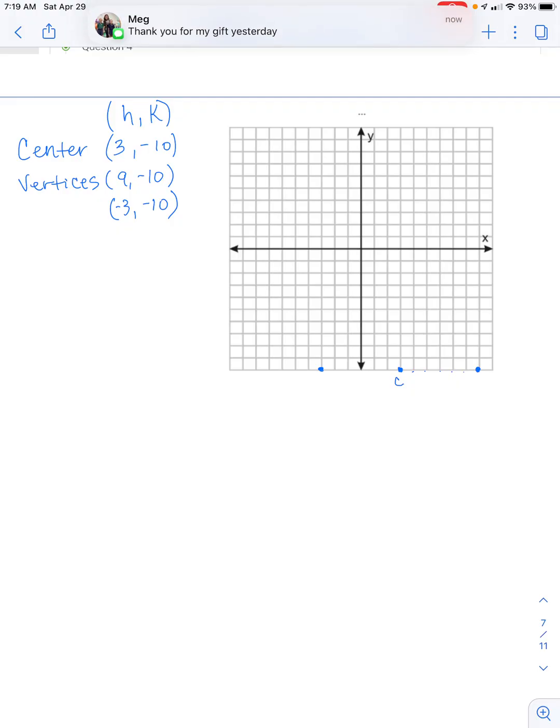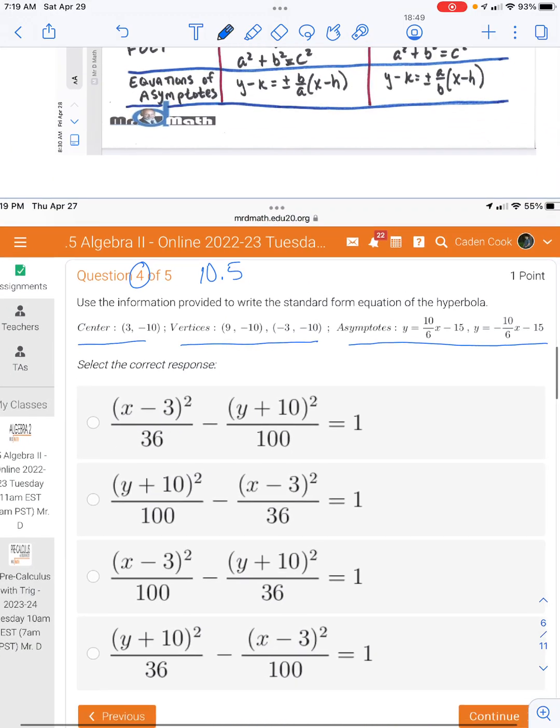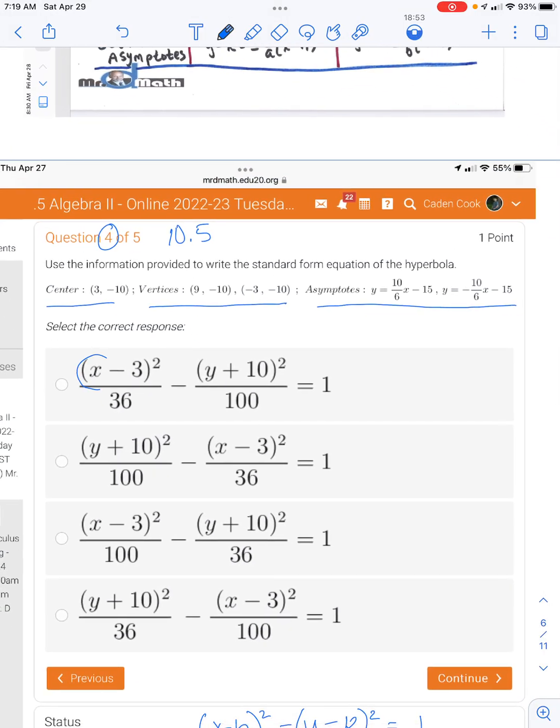Now, take a look here at our center that's on top of those 2 vertices. I want you to notice which value, is it the h or is it the k that is changing? And by the way, don't let the h and the k throw you. It's the same as being x and y, but when you're dealing with conic sections, we call them h and k because in the equations themselves, you're going to notice that there are already an x and a y value that have another part to play in the equation.